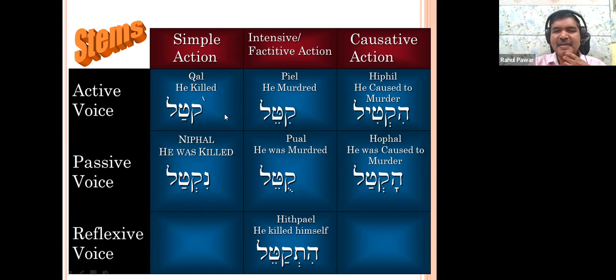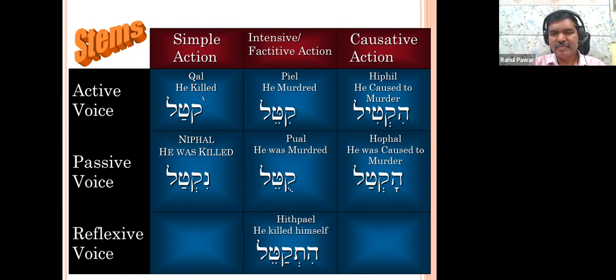Now in Qal it is Qatal, he killed, but in Piel it is he murdered, an intensive or factitive action. Now, what do we observe in this active voice?